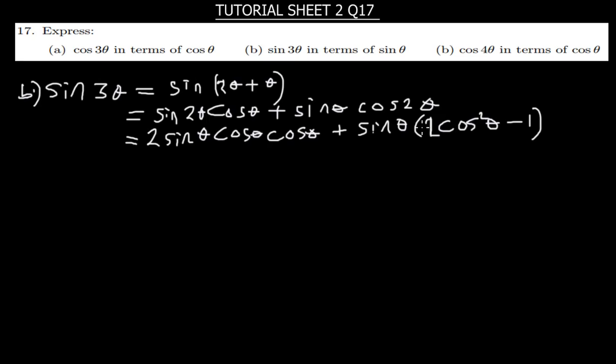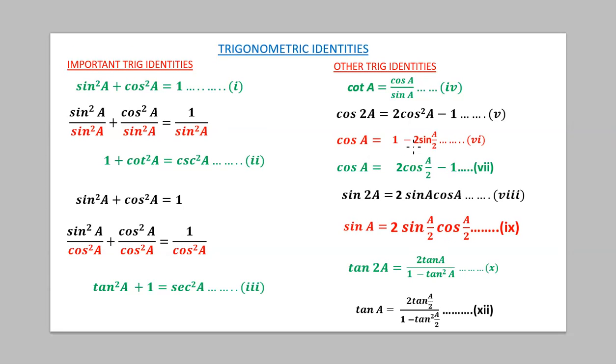So instead of using this identity, we're going to use the identity which contains sine for cos. Do we even have it here? Alright, it's not there.